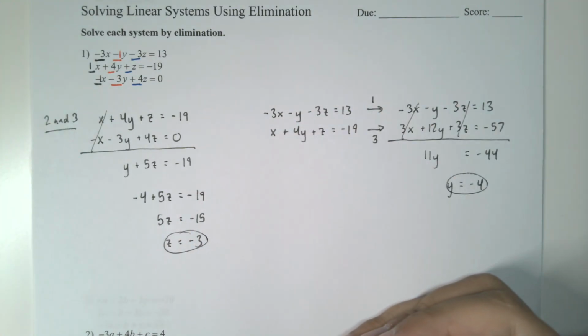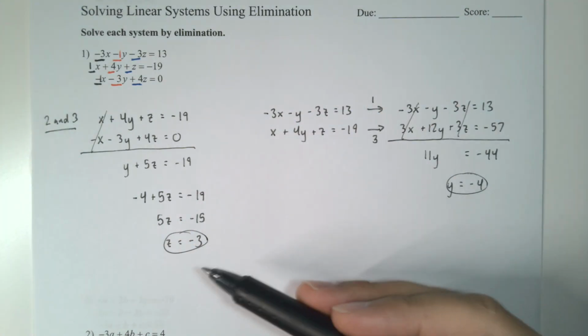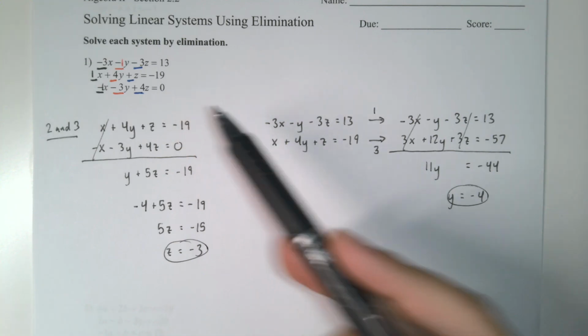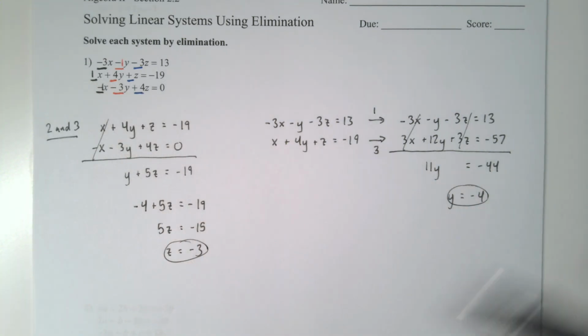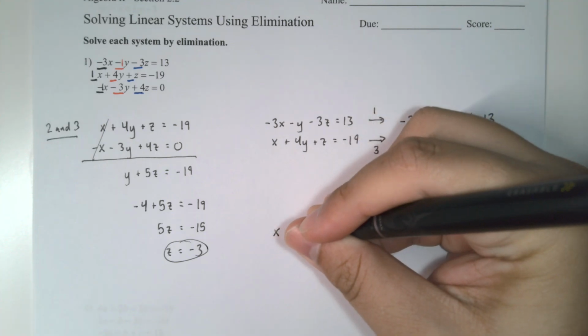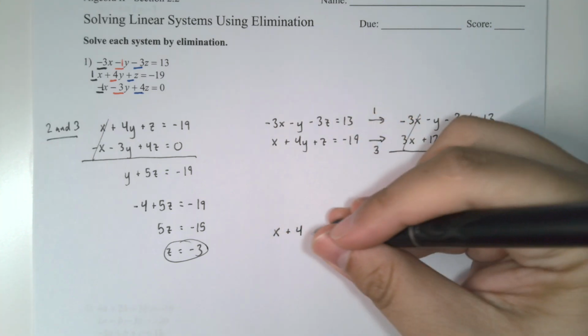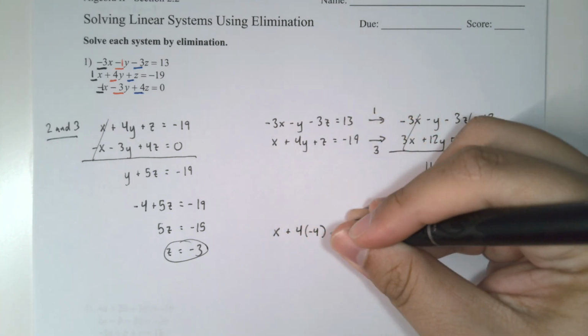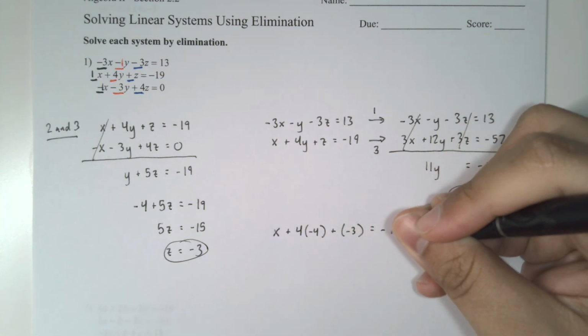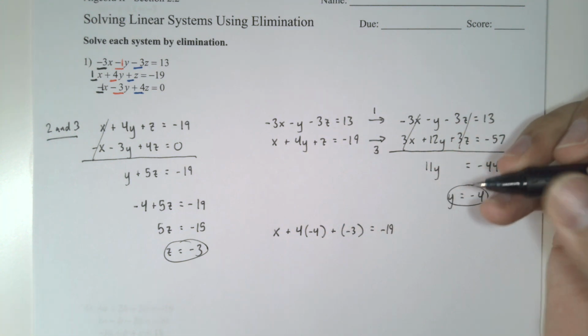Now that we know that z is equal to negative 3, we can substitute that into really any of these equations. I'll go with equation 2, just because we already have a positive 1x there, but then plus 4 times y, which was negative 4, and then plus z, which was negative 3, is equal to negative 19.